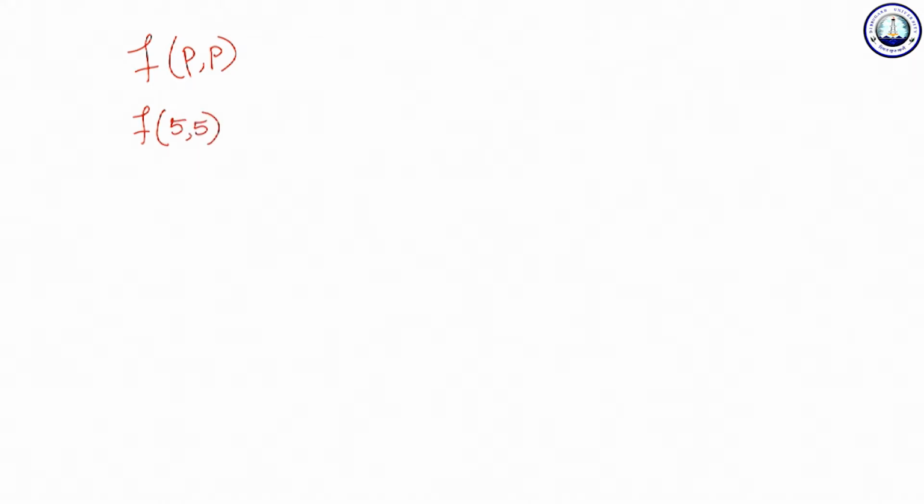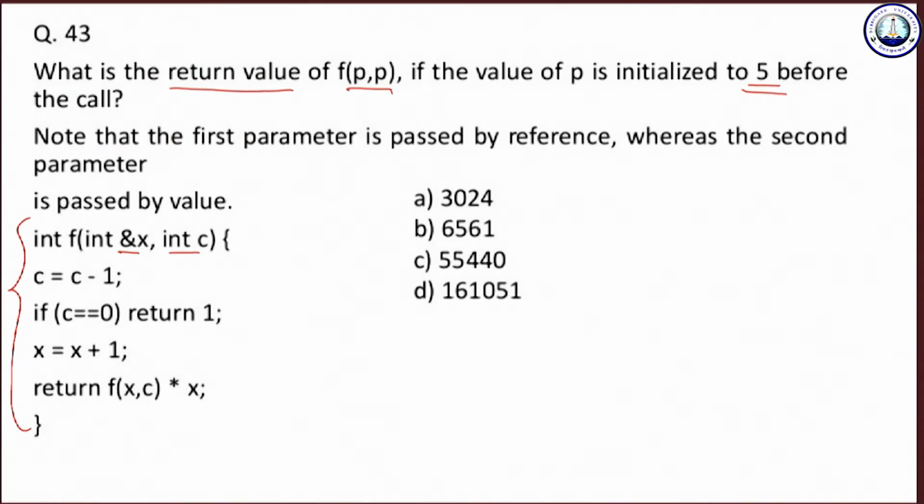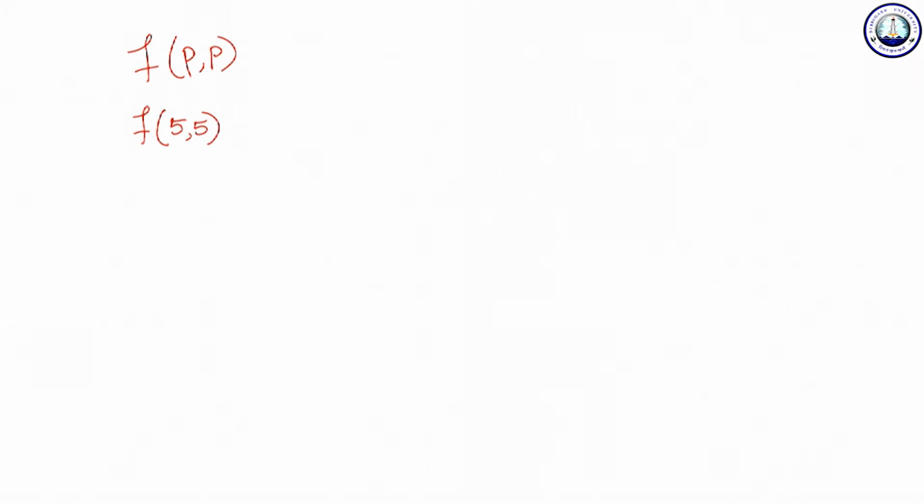Then again coming to the slide, after that we have c is equal to c minus 1. This is your x and this is your c. So, c is equal to c minus 1 means 5 minus 1, which is equal to 4.